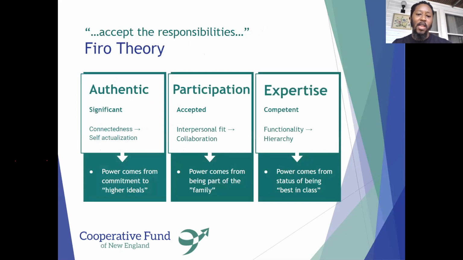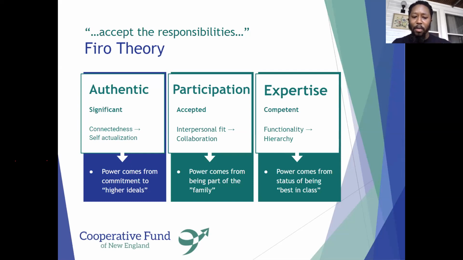And lastly, I'll say this, people engage organizations from different levels, and this is called fire theory. This is an expression of the different ways that people relate to an organization. The first is authentic. It's the desire to feel significant in one's life, one's activities. It's driven by connectedness, and it leads to self-actualization.